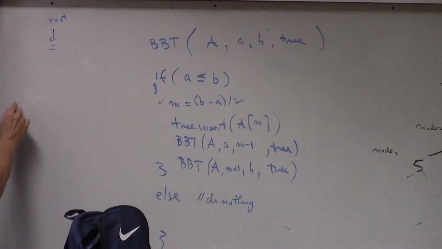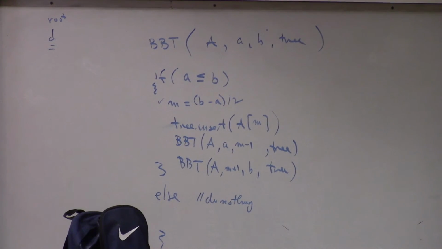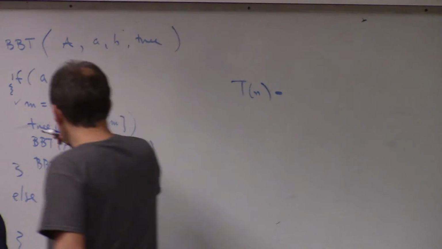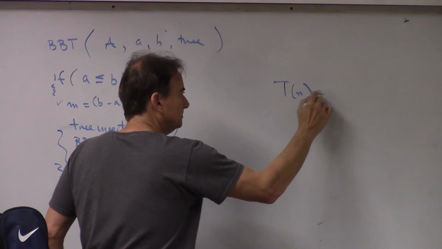We could say T of n is equal to, so that's the recursive cost. Can you tell me how to write that? How do we write this into the recursive cost? T of n is equal to?